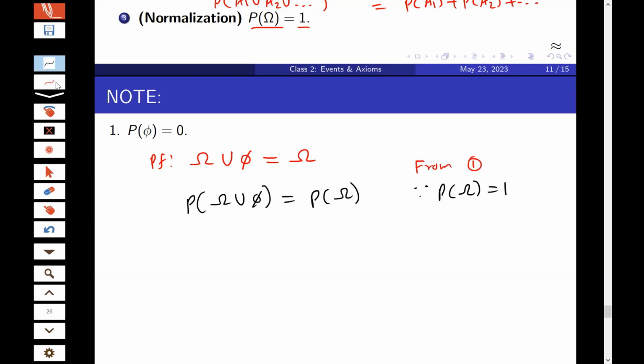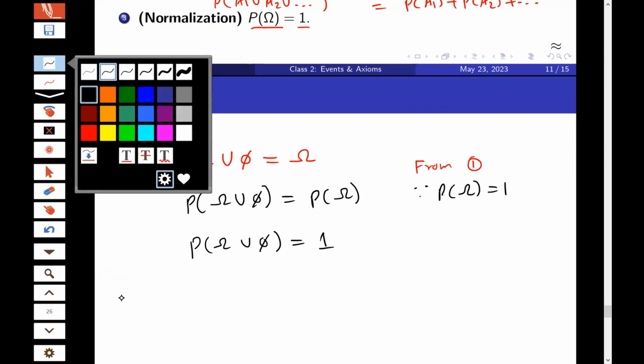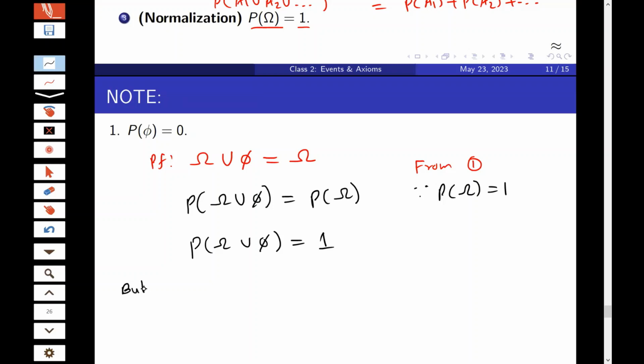So now I'm going to write the probability of omega union null set is equal to 1. So this is by axiom 1. Now we have omega, and let's write this down in a different color.